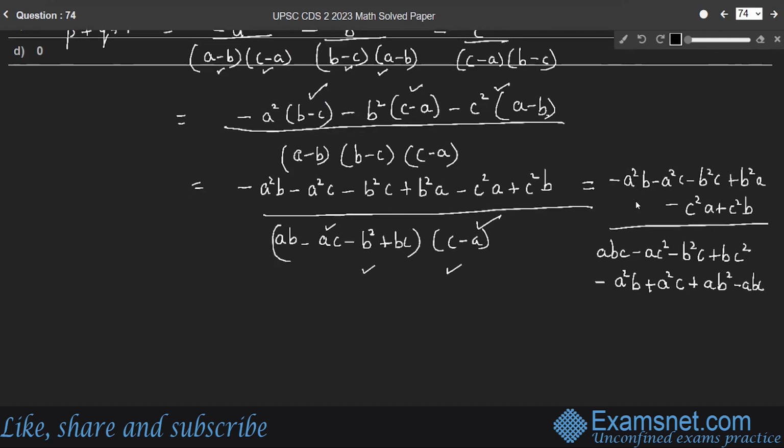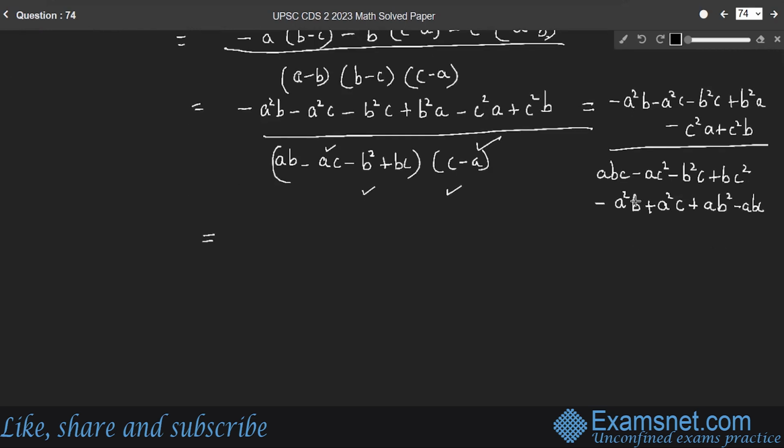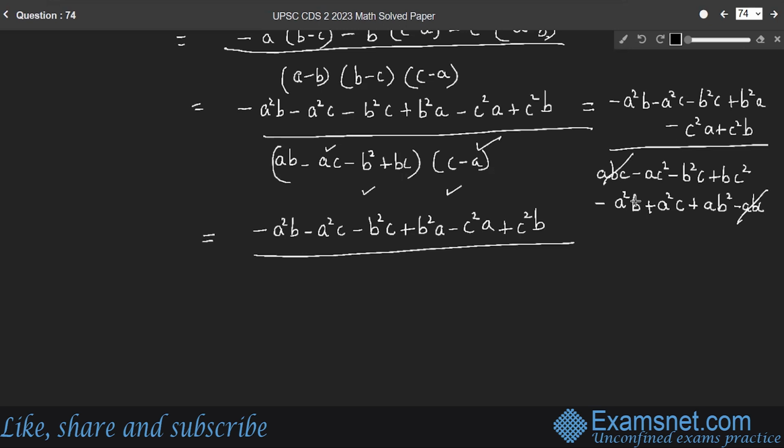So it is a bit lengthy process. Here plus ABC minus ABC will get cancelled. So in the numerator we have minus a square b minus a square c minus b square c plus b square a minus c square a plus c square b. Whereas in the denominator, do we have a square b?